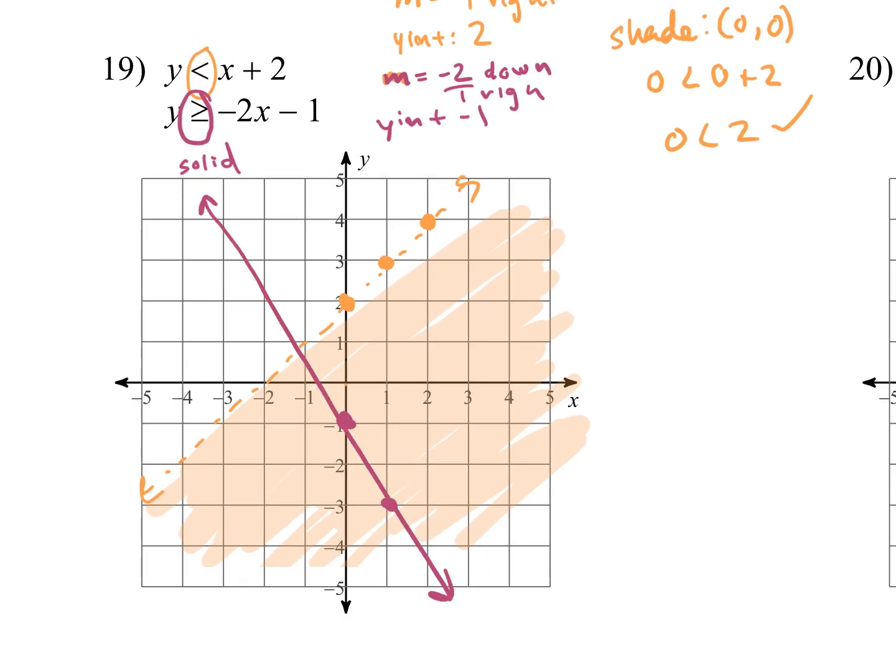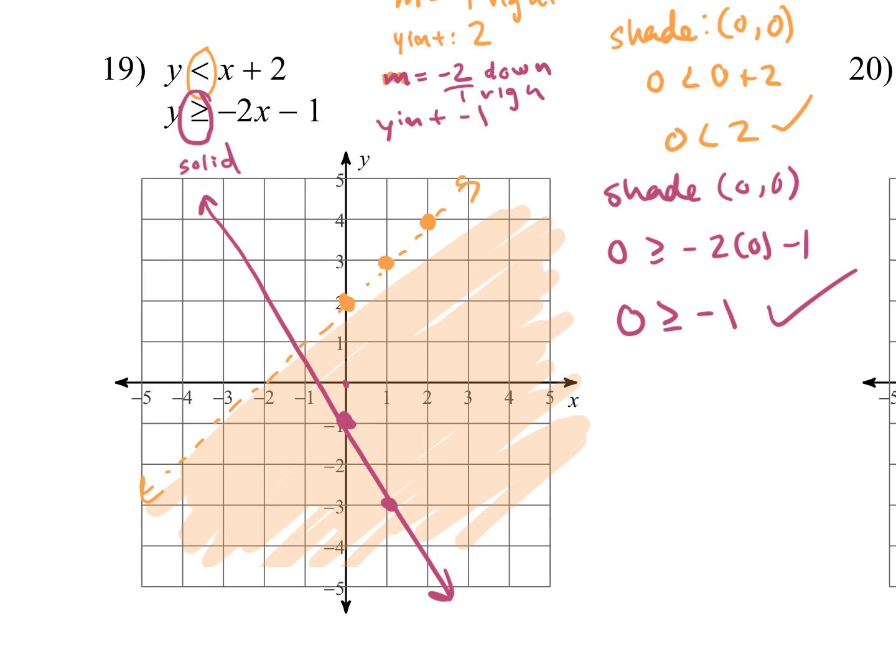And then what should I do? I need to figure out where I shade, so I'm going to plug in 0, 0. So I have 0 is greater than or equal to negative 2 times 0 minus 1. So 0 is greater than or equal to negative 1. Is this true? Yes. So do I shade where 0, 0 is or where it's not?